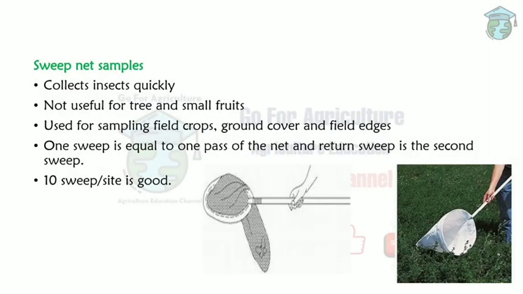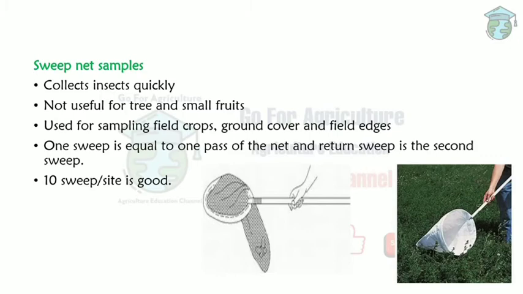Next is sweep net samples. Basically in this a net is used to collect the insects. This sampling method collects the insects really quickly, but it is not useful in trees and on small fruits, because you can see how the sweep net is. Can you collect the insects from the fruits or from the trees?